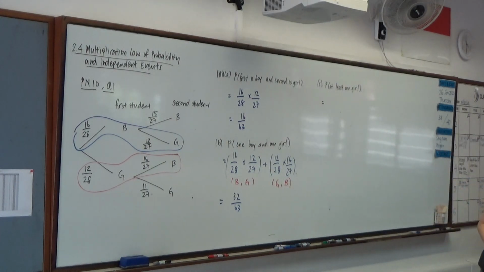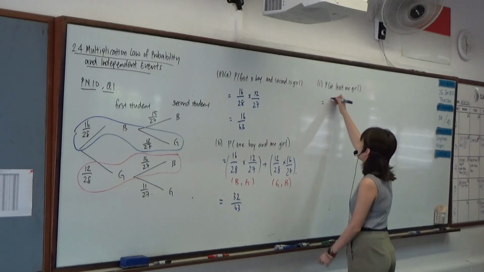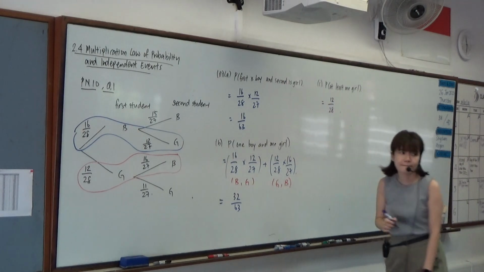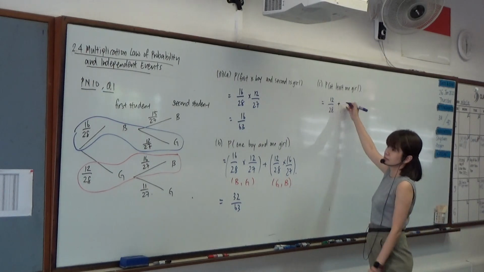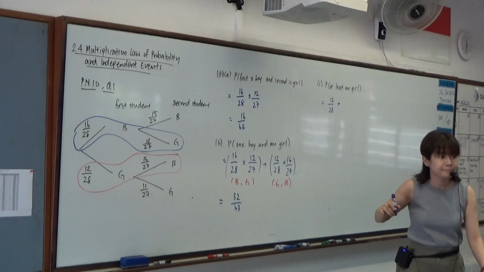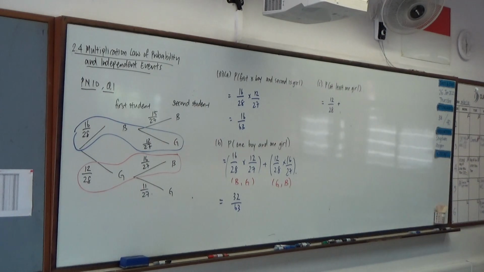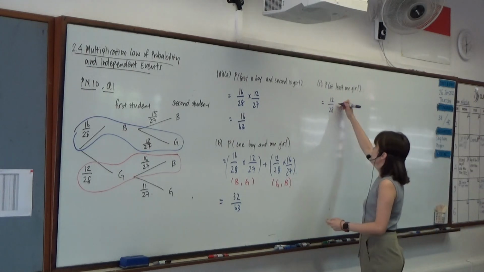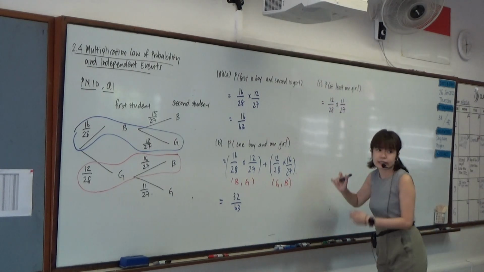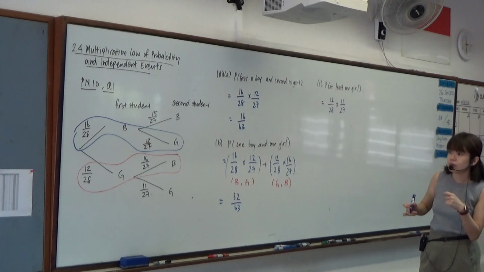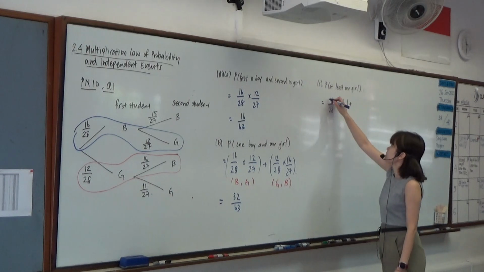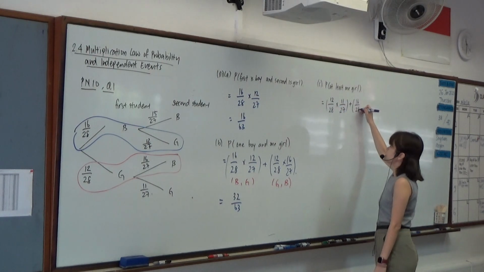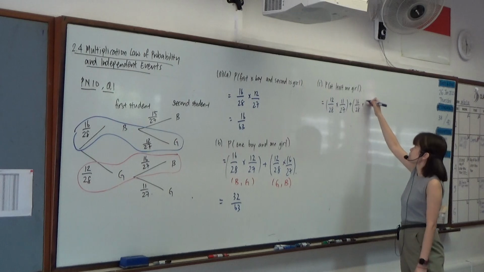12 over 28 times 11 over 27 plus 16 over 28 times 12 over 27.